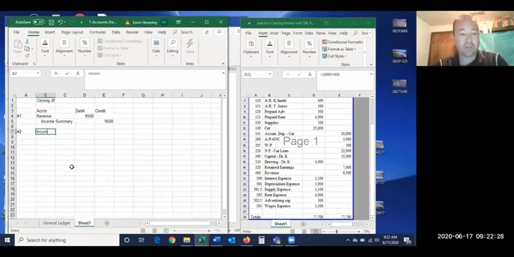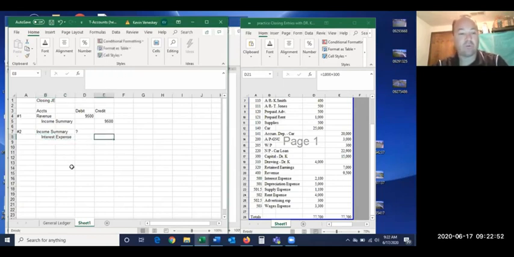Our journal entry is going to be, actually, we're going to debit our income summary. The debit amount, well, we actually could know what it is. But technically, if we wanted to do this the long way, we don't really know what it is yet. We won't know until I insert all of the credits that I just did in my T accounts.